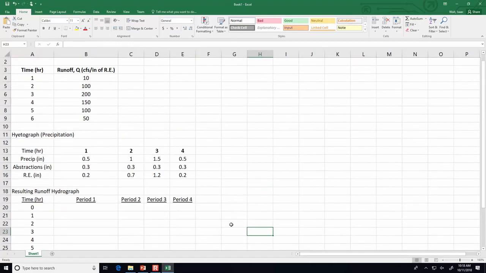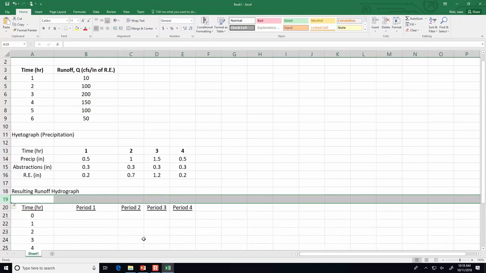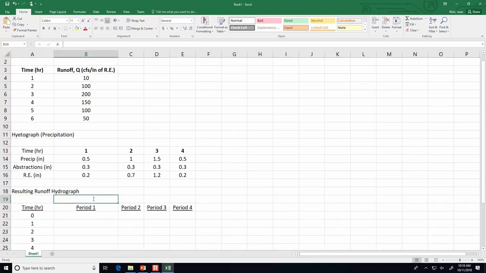So each one of these is going to be the rainfall excess that we're calculating, and it is rainfall excess during the period that's shown. So maybe I'll put like kind of like a secondary description here that what we're calculating is the rainfall excess in inches during the period shown.